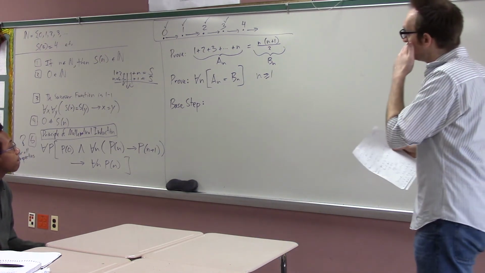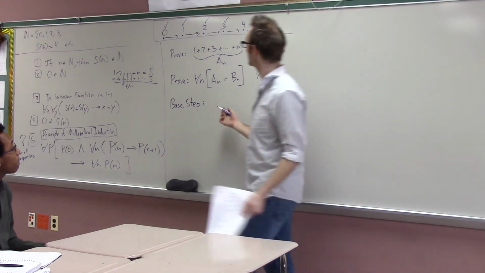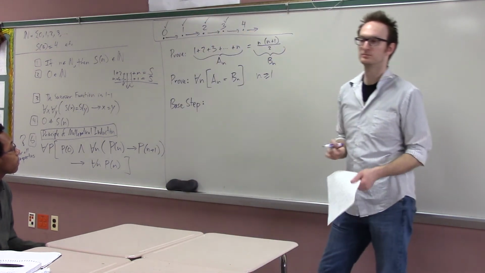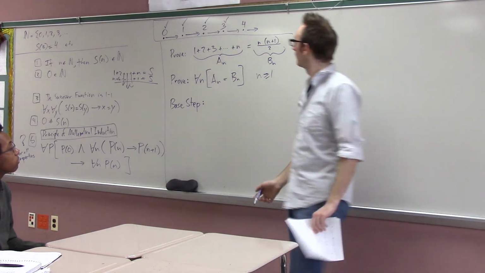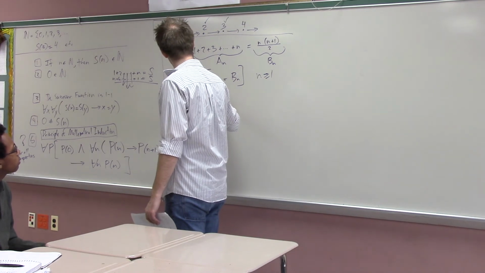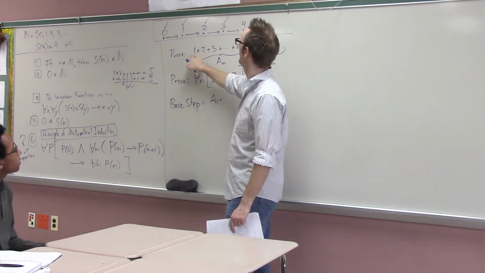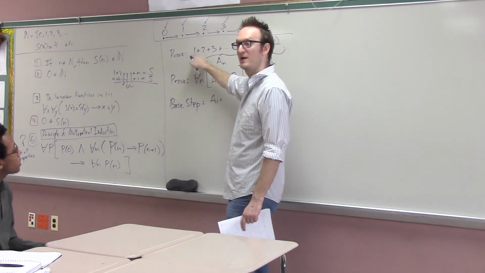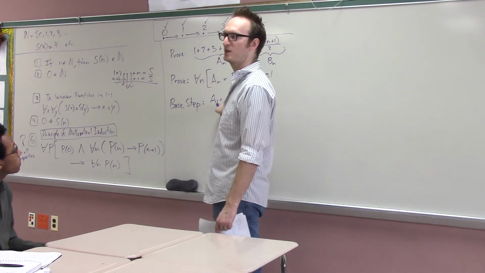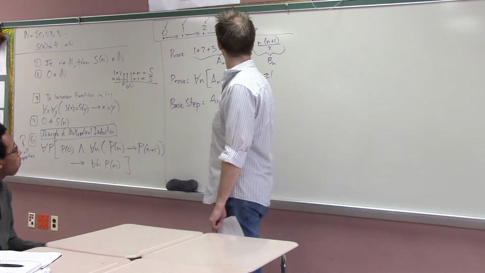Okay, so is the statement a sub 1 equals b sub 1 true? What is a sub 1? A sub 1 says, start with the number 1, and keep going until you get to n. But n is just 1 in this case, so a sub 1 is just 1.